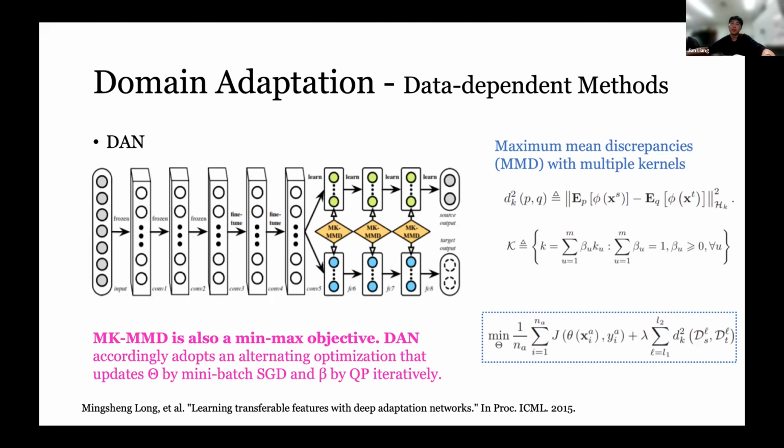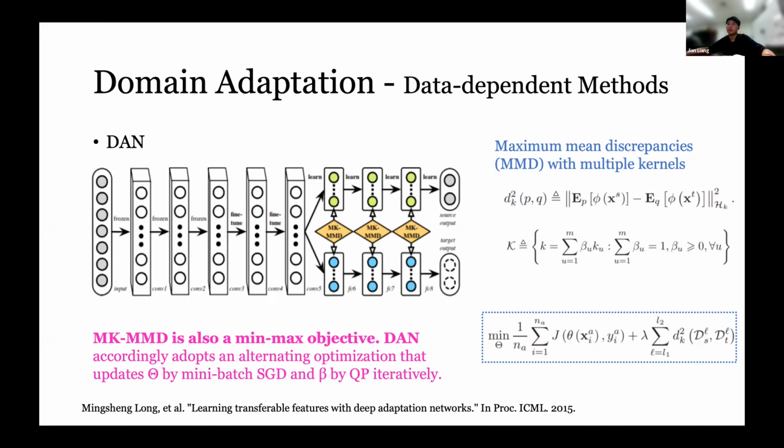Okay, next please. Here is another classical method called Deep Adaptation Networks. Different from the previous work, domain adversarial training, this method tries to directly minimize the distribution difference between the source distribution and the target distribution. To measure the difference, they adopt a popular metric called maximum mean discrepancy, and the difference from the previous work is that they use the multi-kernel version of the MMD.